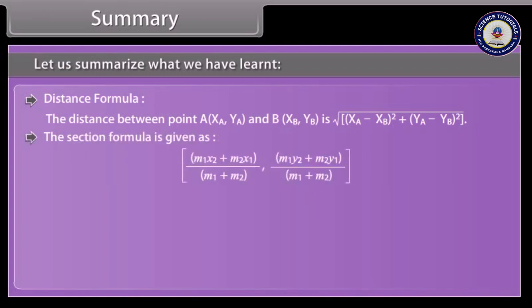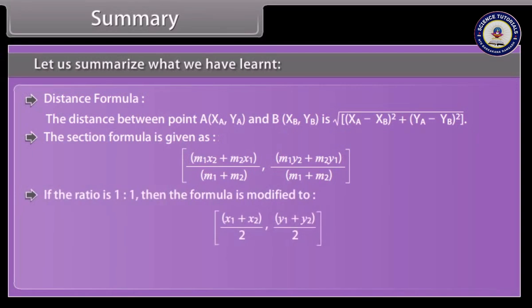The section formula is given as M1 x2 plus M2 x1 by M1 plus M2, M1 y2 plus M2 y1 by M1 plus M2. If the ratio is 1:1, then the formula is modified to x1 plus x2 by 2, y1 plus y2 by 2.